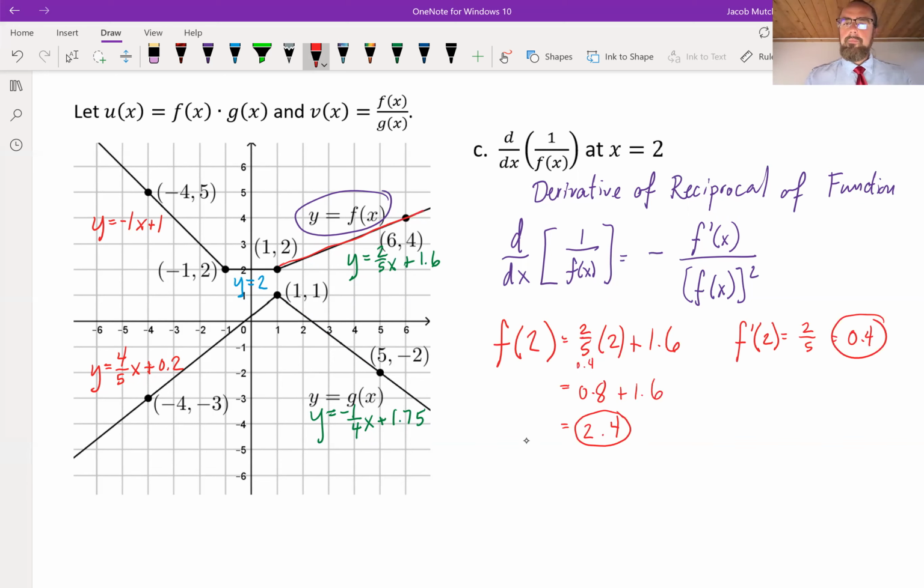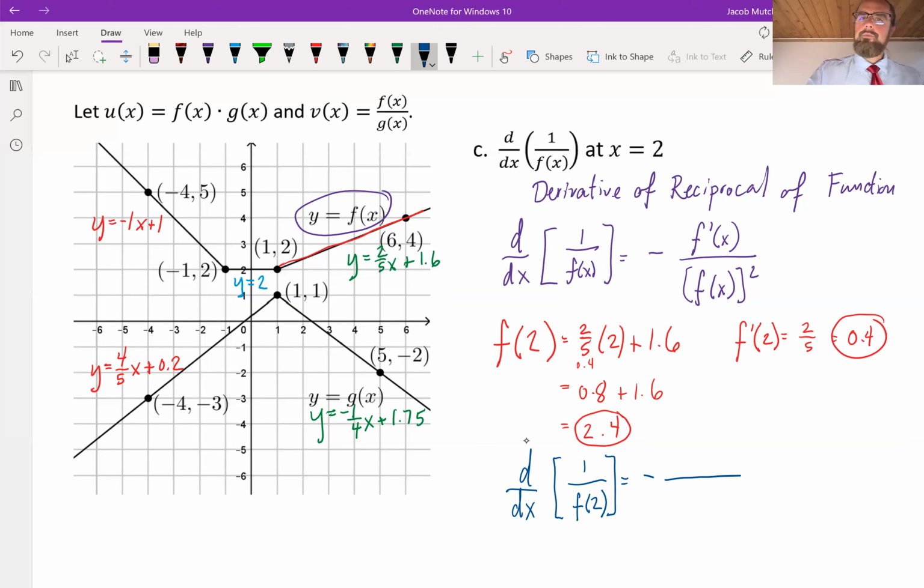So at this time, all we've got to do is plug in and calculate. So let's set it up, and we just want to be careful with our notation. So the derivative, here we're using the Leibniz notation, the d dx of 1 over f at 2 is going to be negative.